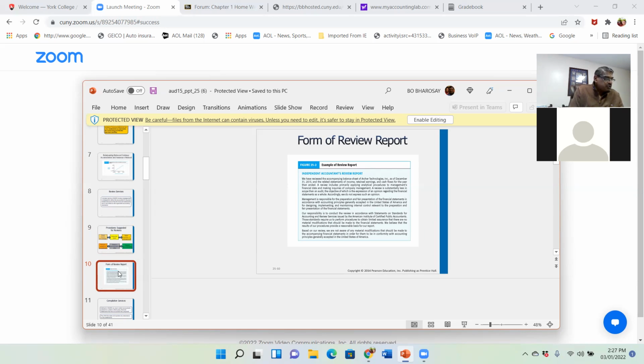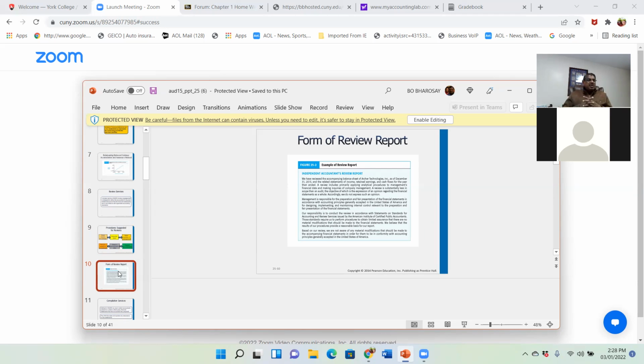A review includes primarily applying analytical procedures to management's financial data and making inquiries of company management. A review is substantially less in scope than an audit, the objective of which is the expression of an opinion regarding the financial statements as a whole. Accordingly, we do not express such an opinion.